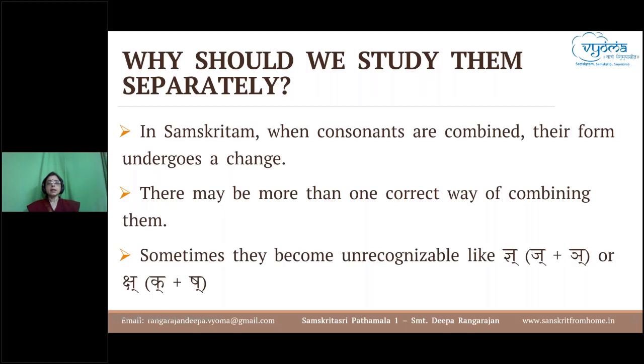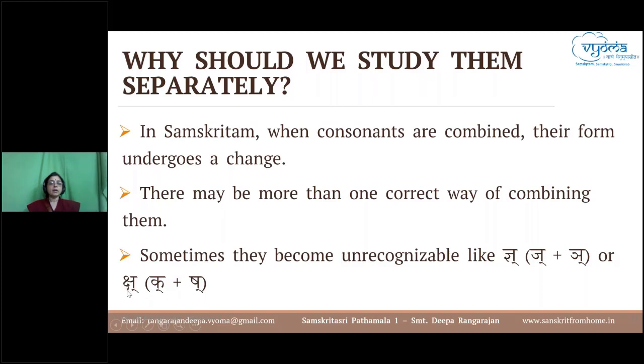And third is, in most cases, we will be able to recognize the consonants which have combined to give you the SamuktAkshara. But sometimes, like this nya, where there is j and there is ni. So j and ni gives you nye. And then there is ksha. Ksha is nothing but k and sh together.